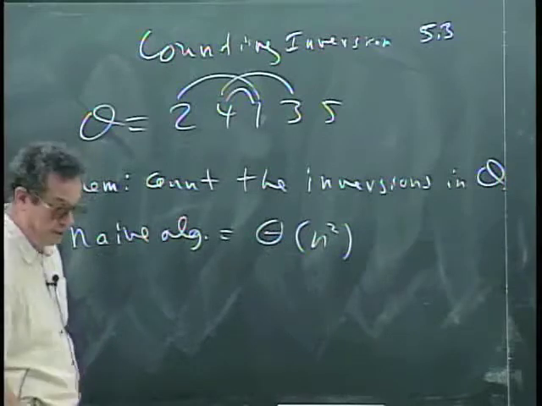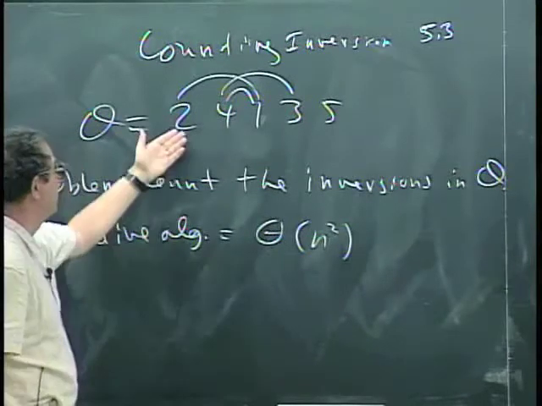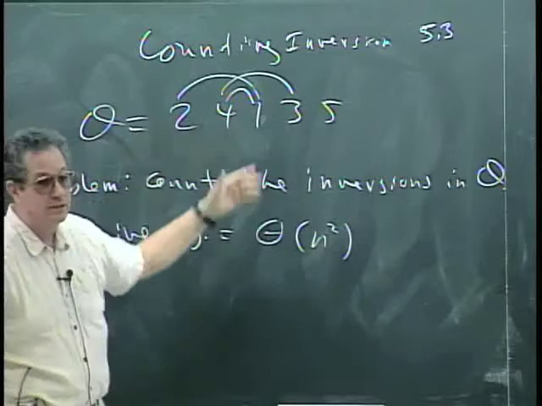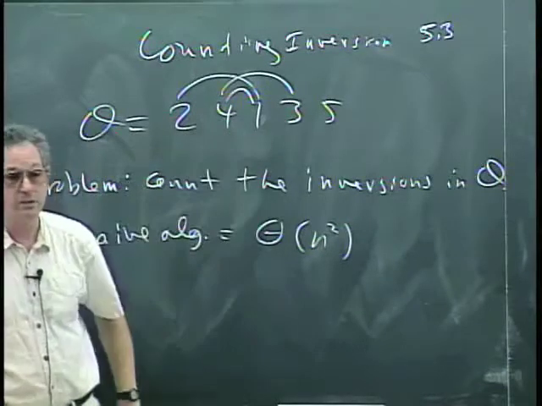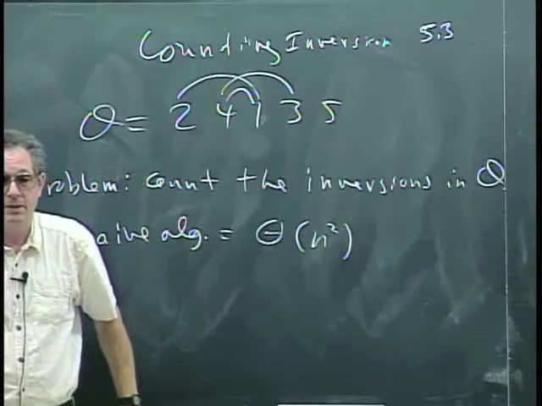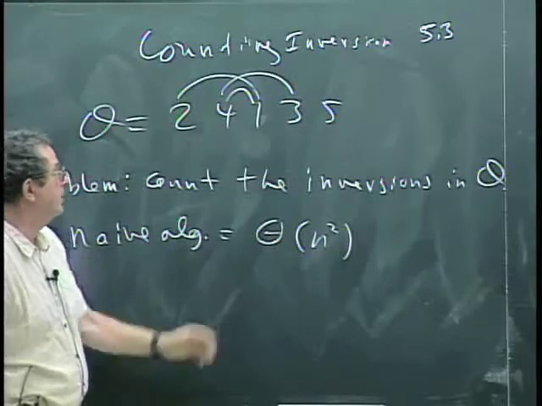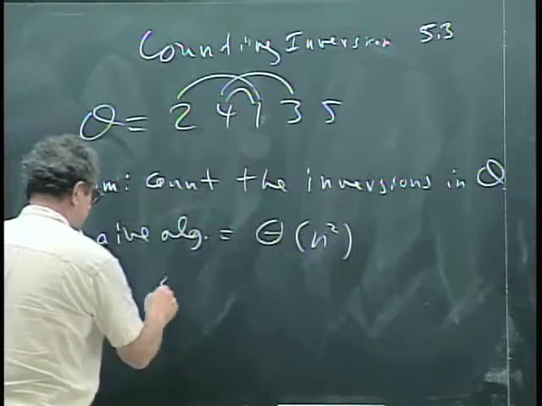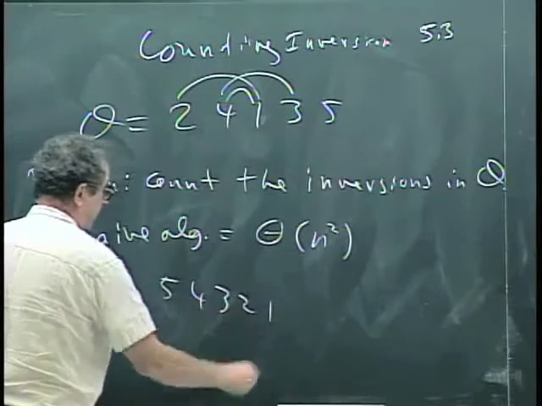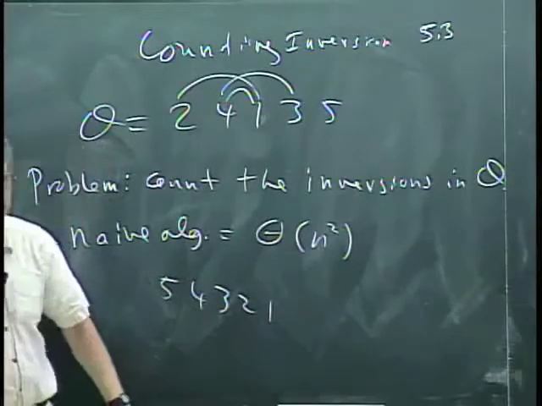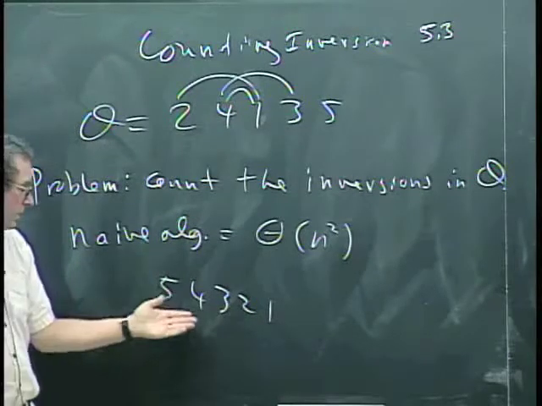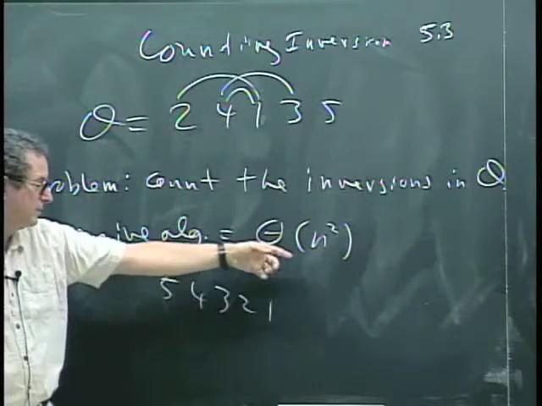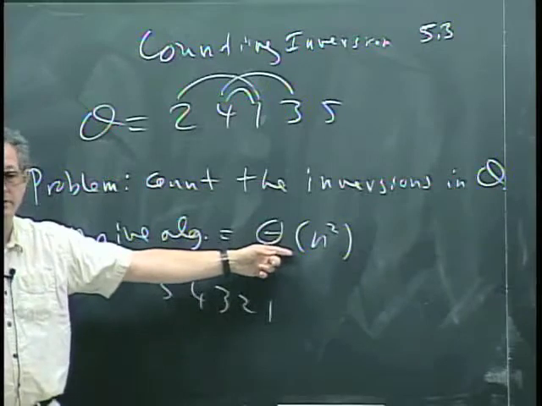And I left you last time with the following question. We observed that, in fact, you can have lists that have theta of n squared inversions in them, just taking, for example, 5, 4, 3, 2, 1. Every pair is out of order. So you certainly can have lists with theta of n squared inversions.